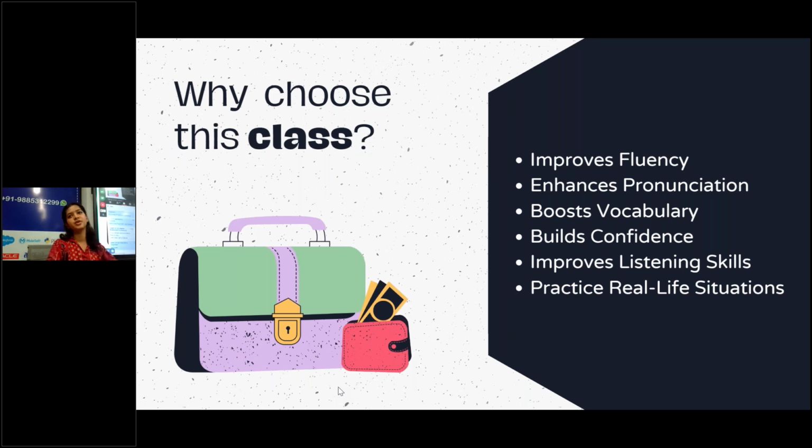The main things that we are going to learn through communication. In communication, the main thing we need is fluency. That happens when you start talking in English, then only will you improve your fluency.